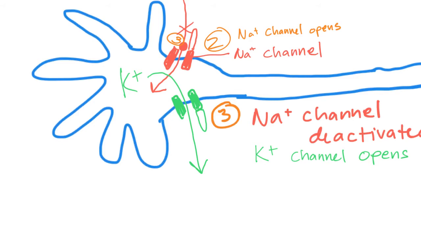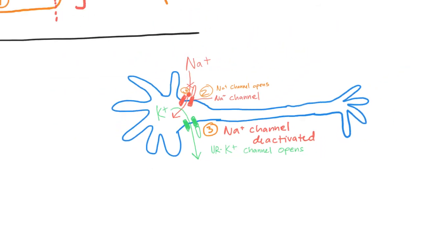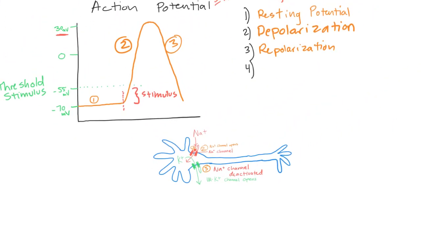And what kind of channel is the potassium channel? It's a voltage-regulated potassium channel. Because it is regulated by voltage, it just kicks in after the sodium. So that's why we have a decrease in our potential back down to negative 70.